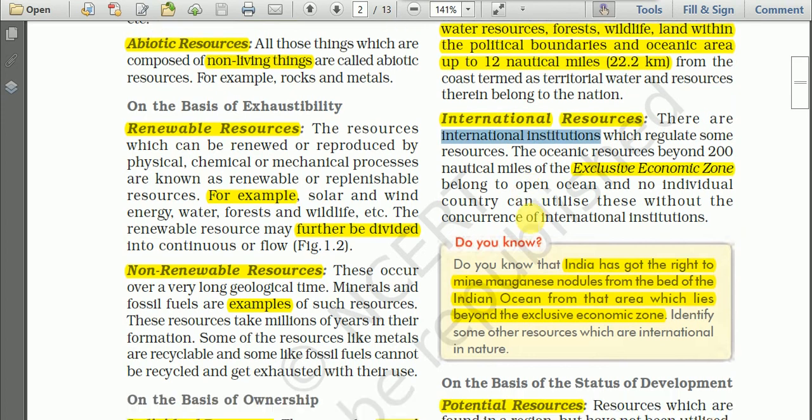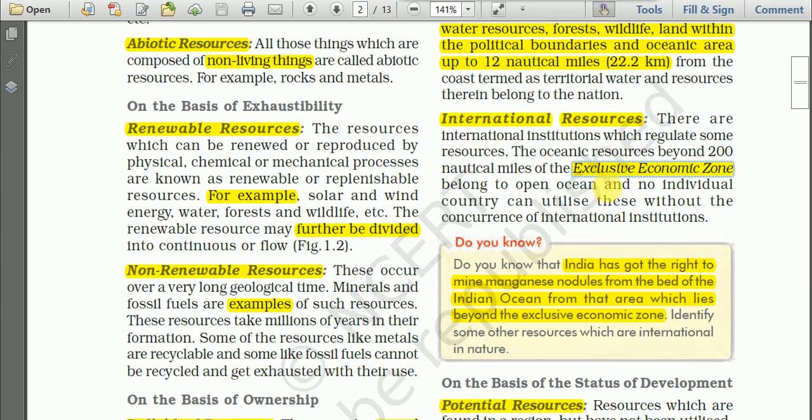The oceanic resources beyond 200 nautical miles of the exclusive economic zone belong to the open ocean, and no individual country can utilize these without the concurrence, meaning agreement, of the international institution, for example the United Nations organization. See, exclusive economic zone.